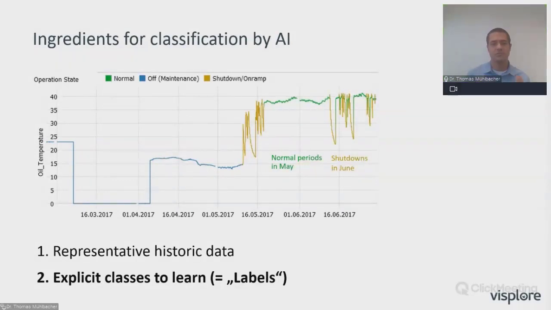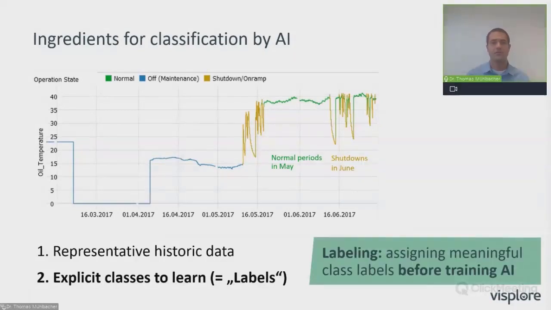And this process is what we refer to as labeling. So you could define time series labeling as the process of assigning meaningful class information to raw sensor data before it can be used to train an AI. And the purpose of the AI is then to recognize the class from the sensor data.